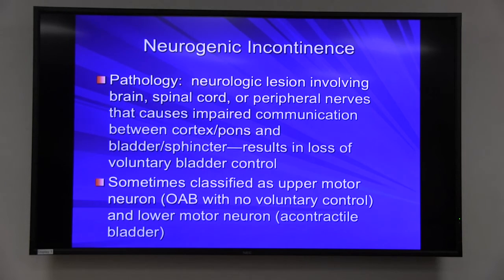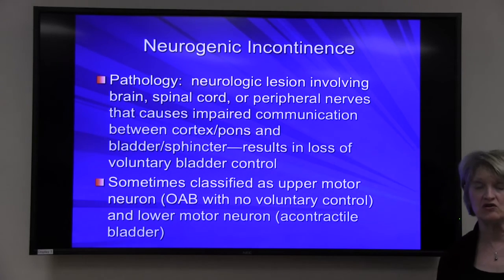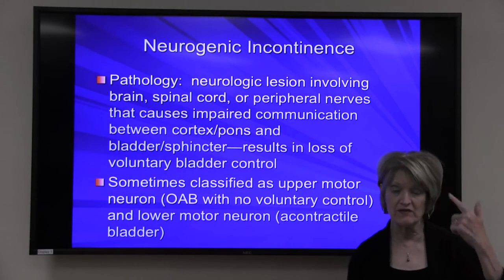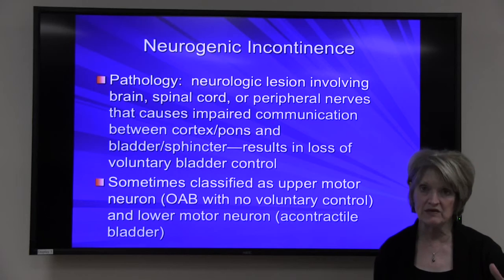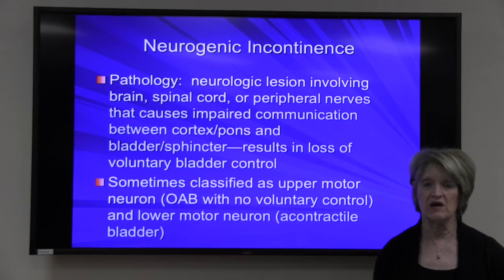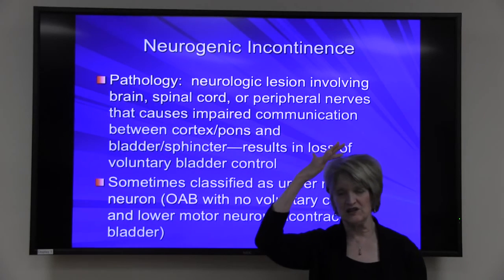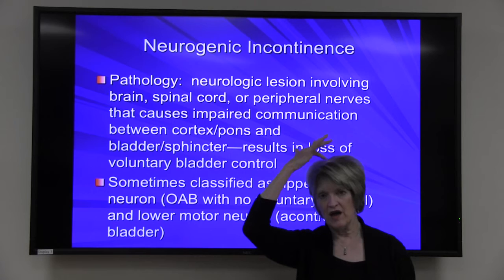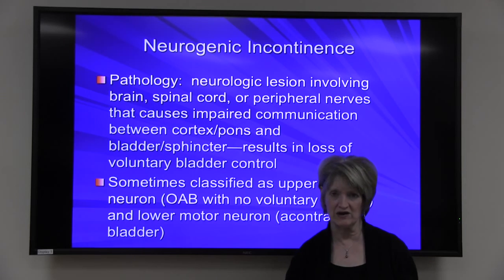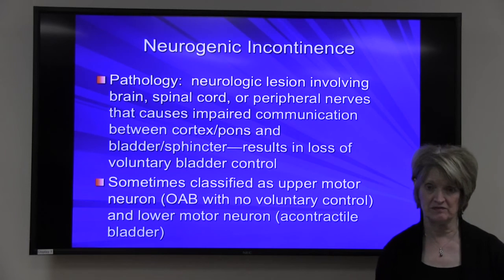Okay, so neurogenic incontinence. What's the pathology? What's causing the problem? Well, you have a neurologic lesion. It might be at the level of the brain. It might be at the level of the spinal cord. It might be at the level of a peripheral nerve. Bottom line, if you have a neurologic lesion somewhere at the cortex or between the cortex and the bladder and sphincter, then you've got impaired communication.